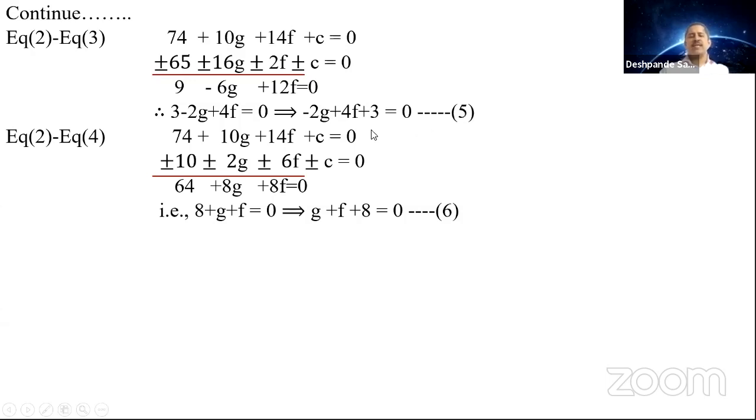In both the equations you eliminated the value of c first. Now you have to find out g and f from these two equations. So you need to solve equation 5 and equation 6. So you are going to again use the cross multiplication technique of solving. So equation 5, equation 6. So first you write g, f, 1.